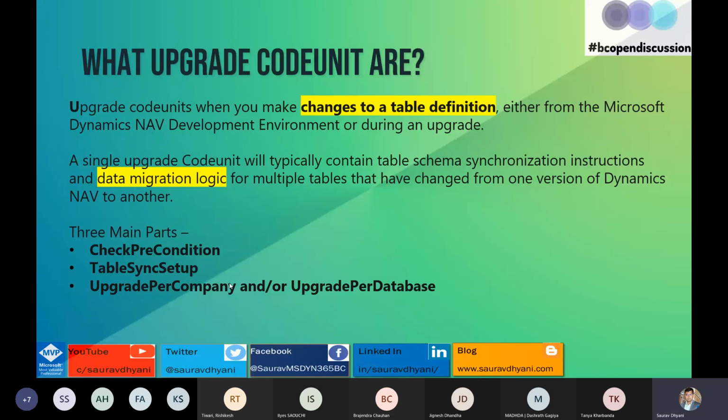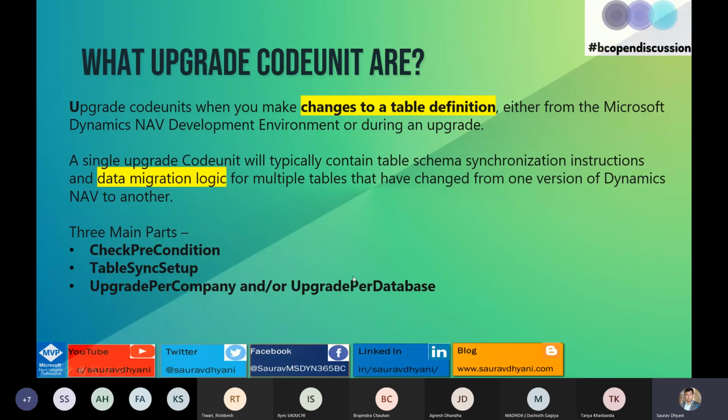With these two different functions, the upgrade code unit is able to understand that any code that is written inside this type of method or function will be run for every company in the database. And if a set of code is written inside upgrade per database, that will run once for the whole database.